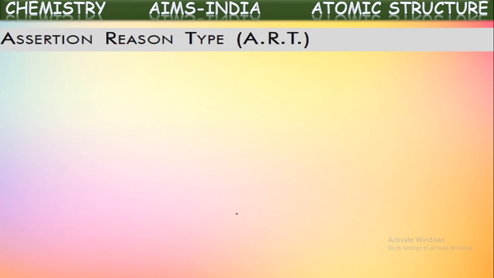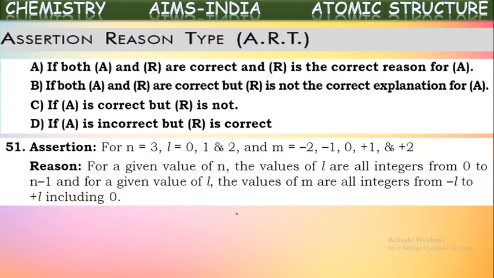Next, assertion reason type questions. See the first one. For n equal to 3, L is equal to 0, 1 and 2, and m is equal to minus 2. They're asking for principal quantum number value n equal to 3. L values are 0 to 2, and m values are from minus L to plus L. Isn't it?